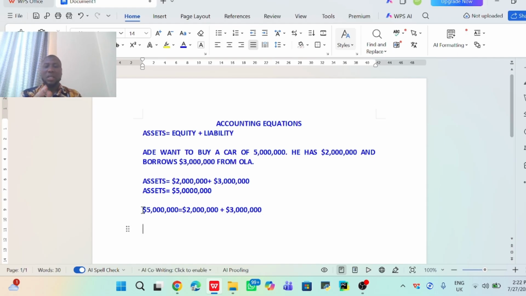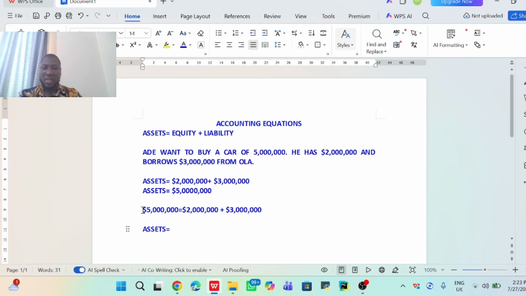And there will be some situations whereby you will be given an asset and told to calculate your liability or your equity. For secondary school students, your equity might be called capital.